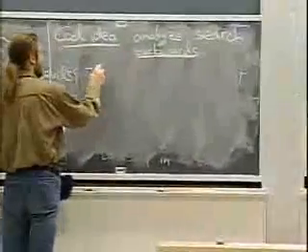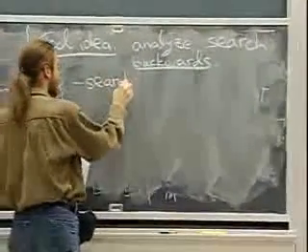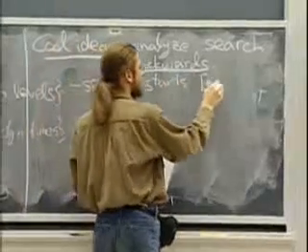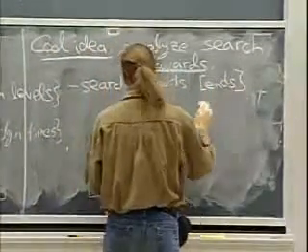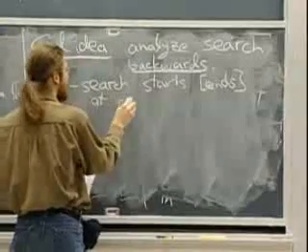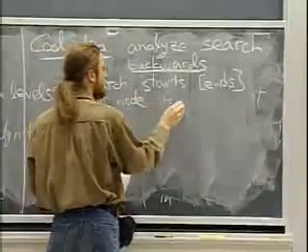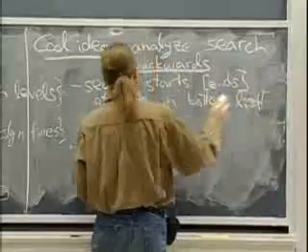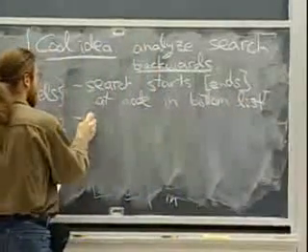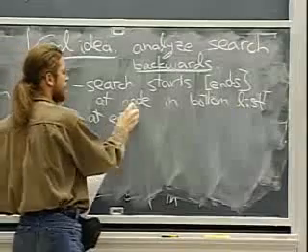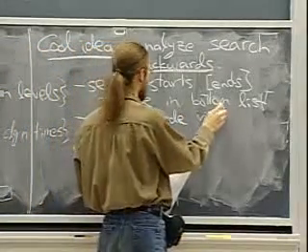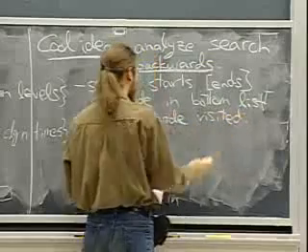So here's what it looks like. You have a search, and it starts, which really means that it ends, at a node in the bottom list. Then each time you visit a node in this search, you either go left or up. And when do you go left or up?